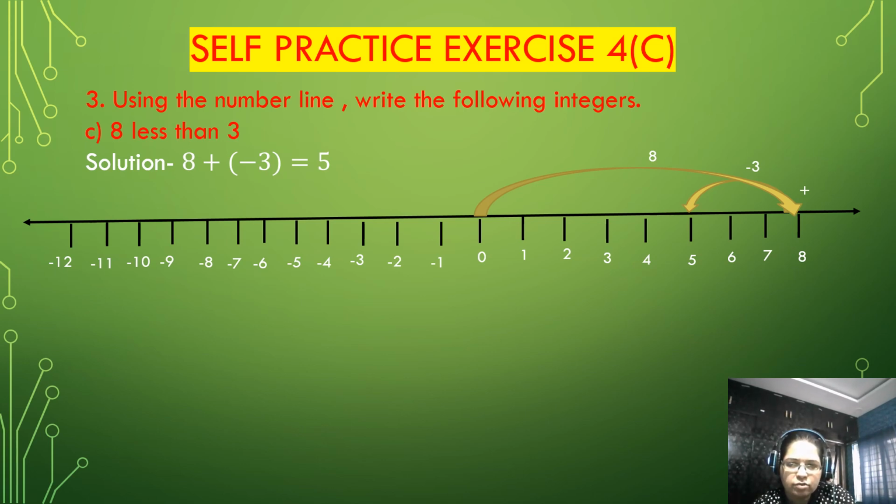So 8 to 7 is 1 place, 7 to 6 is 2 places, 6 to 5 is 3 places. So 8 plus minus 3 equal to 5. The number is at 5. So 8 less than 3 will be 8 plus minus 3 equal to 5.